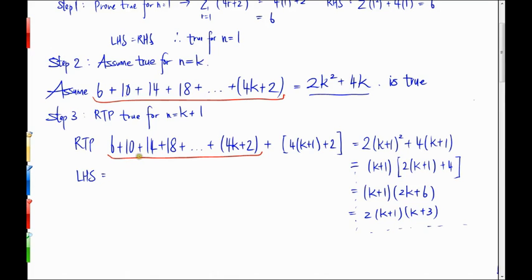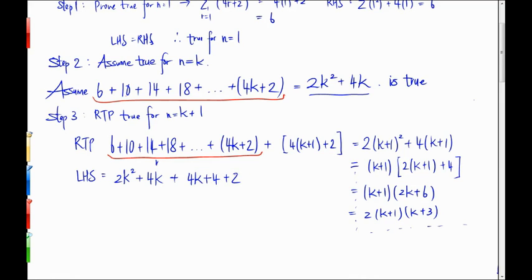Left hand side now equals 2k squared plus 4k plus, and that thing there expands out to 4k plus 4 plus 2. Okay?